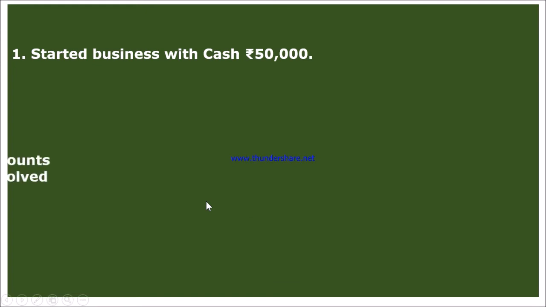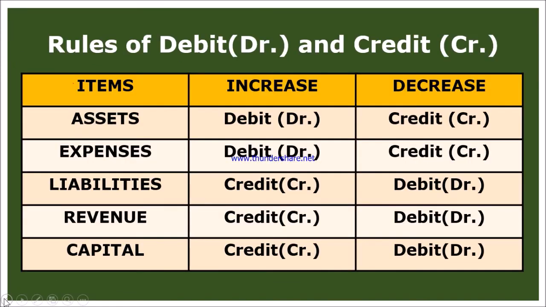Next, we have to learn how to journalize things. And in this regard, students, you have to keep one thing in mind. This rule of debit and credit, whatever we have learned, is completely based upon two things. One is the dual aspect concept. I hope you know that every transaction has at least two aspects.